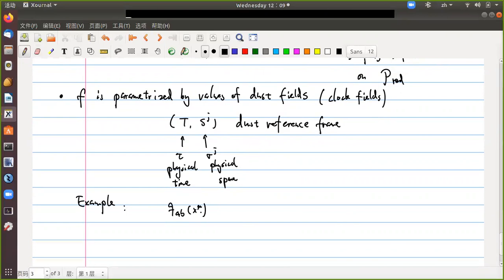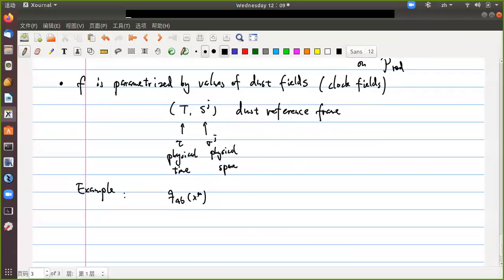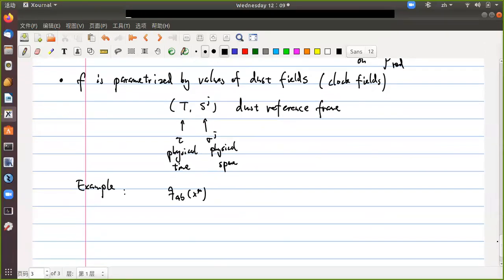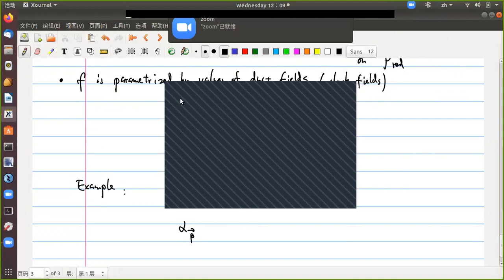It is Q_AB, the spatial metric. Now this Q_AB is a function on the unconstrained surface. This is our previous F. We haven't imposed the constraint on it yet, but we can act on Q_AB with a gauge transformation generated by the Hamiltonian and diffeomorphism constraint.